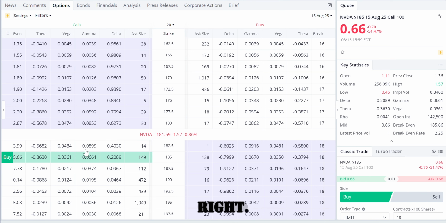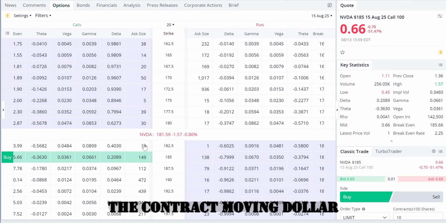Gamma will push this delta a little, to, let's say, 0.48, closer to 0.50. So the gamma helps the delta get closer to the contract moving dollar for dollar with the stock price.